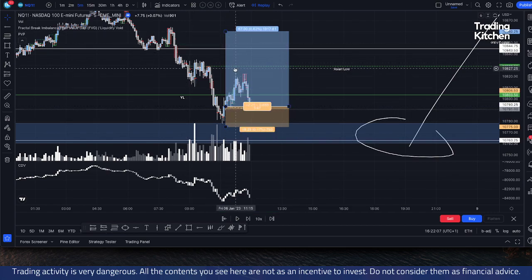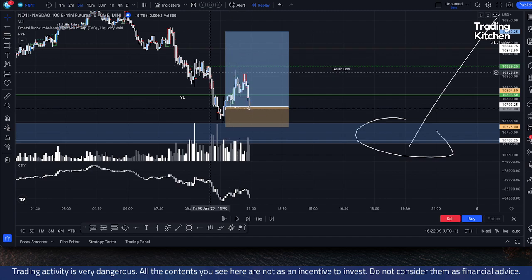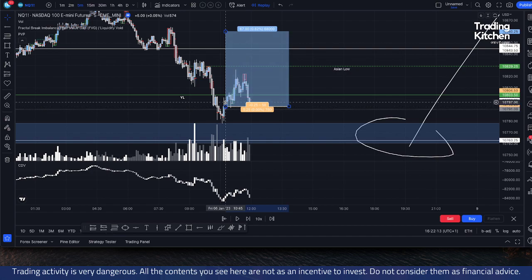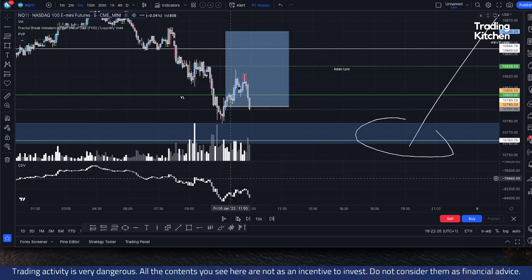When I see this reaction from this order block, I always move stop loss to entry, because probably price will react enough to go down again.